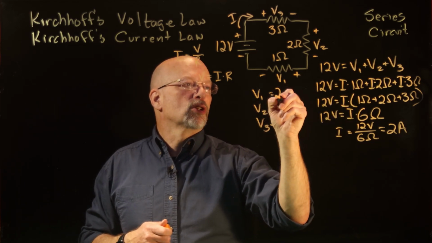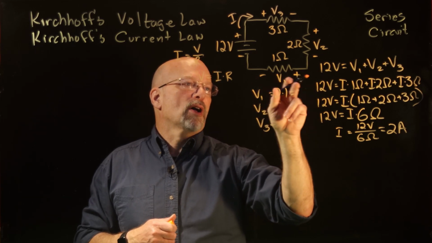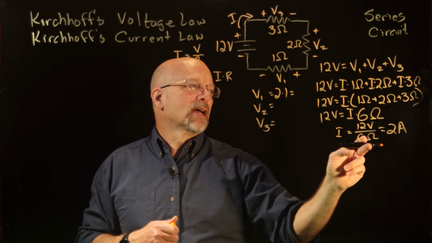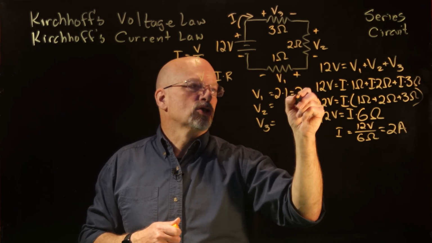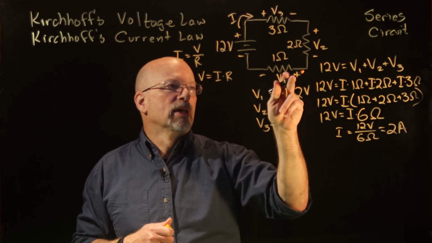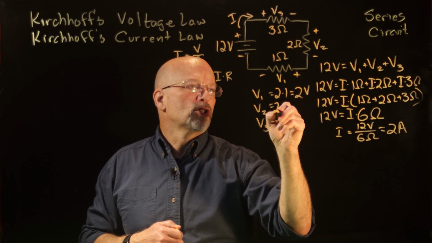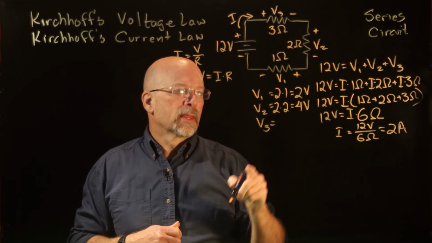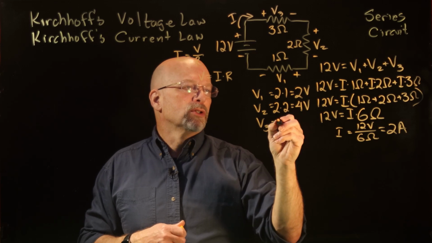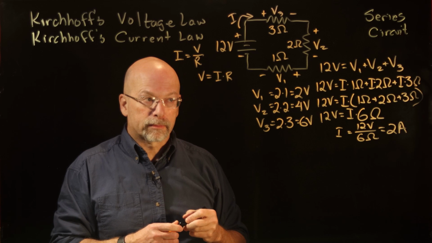So across the first one, we've got 2 amps times 1 ohm, that's 2 volts. So V1 is 2 volts. V2 is equal to 2 amps times 2 ohms, which is 4 volts. V3 is equal to 2 amps times 3 ohms, which is 6 volts.